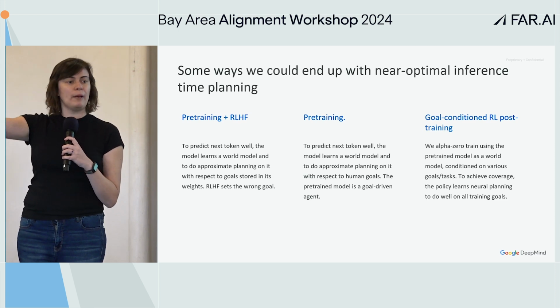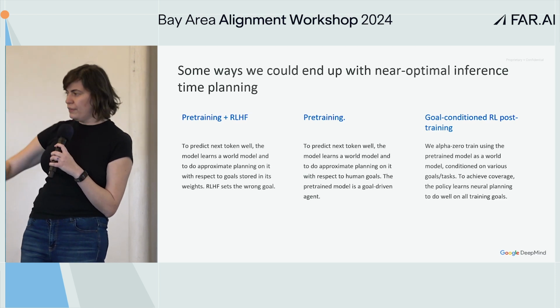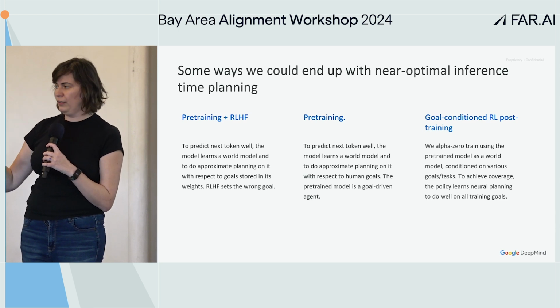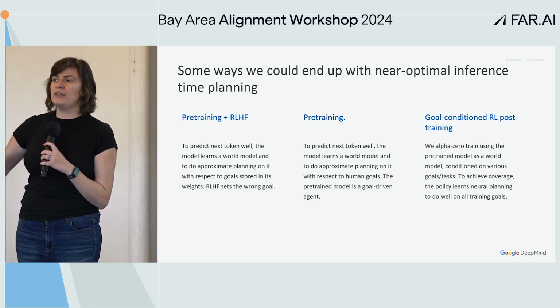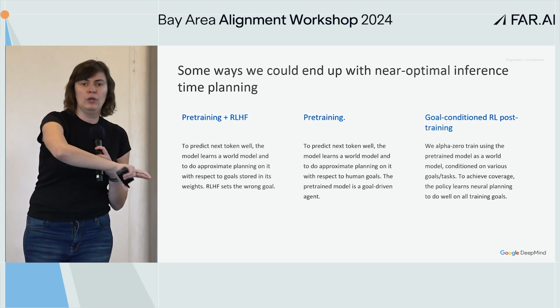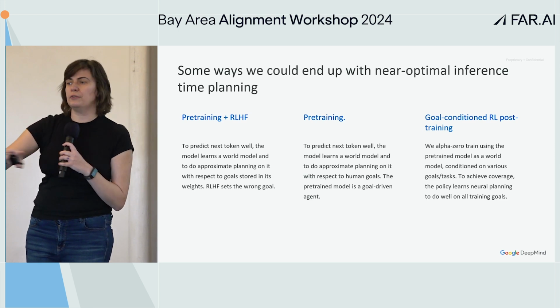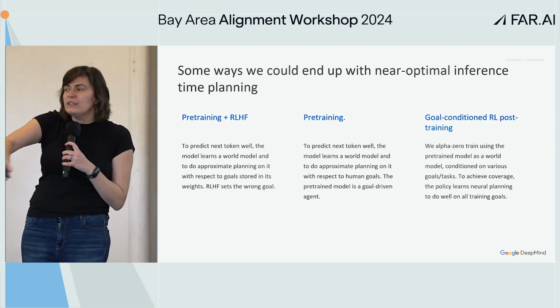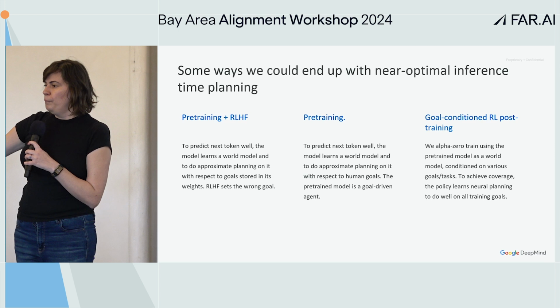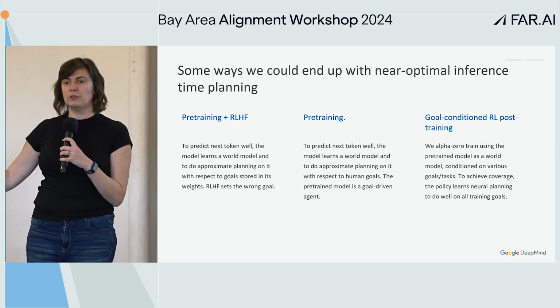So you can describe goals in prompts or some other way, and then that's what you teach the thing to do. And because of the pressure for one kind of policy or one value to cover all these different goals, what you get is this neural planning capability.